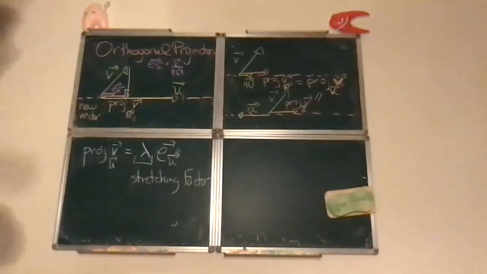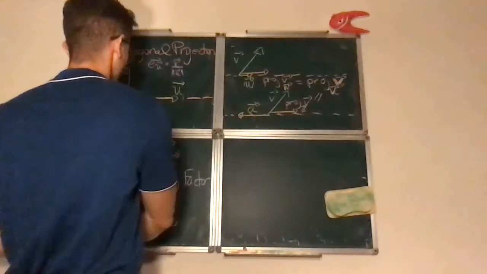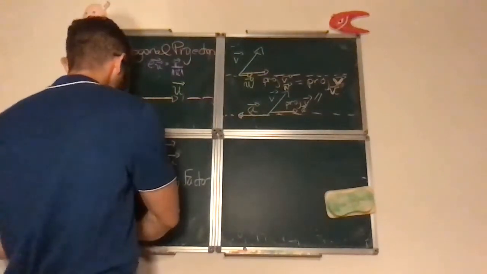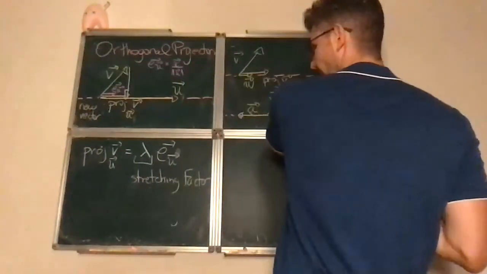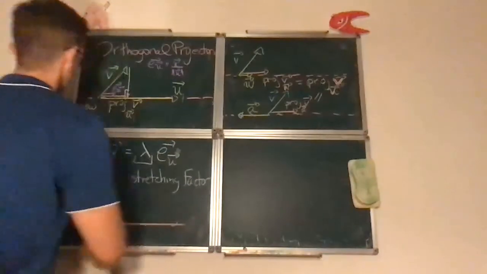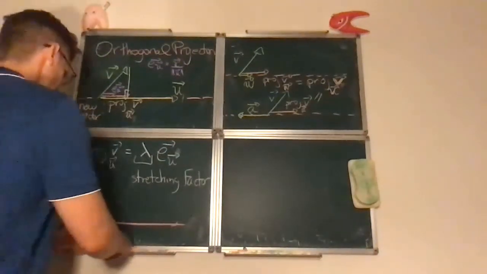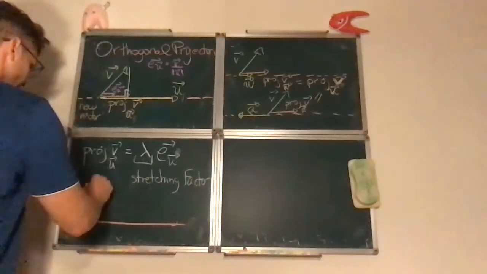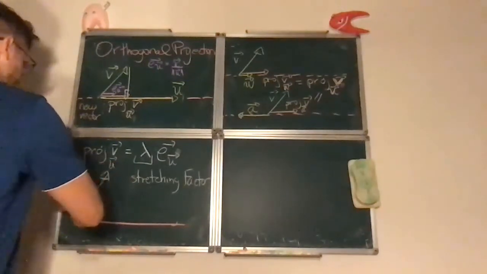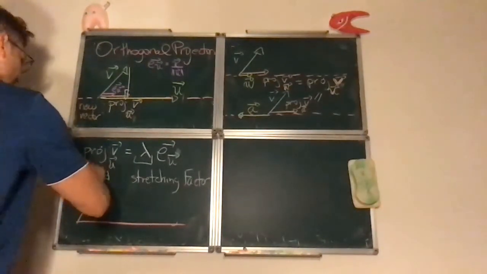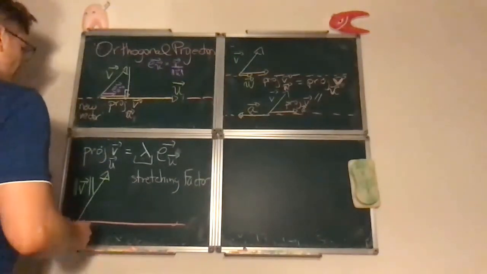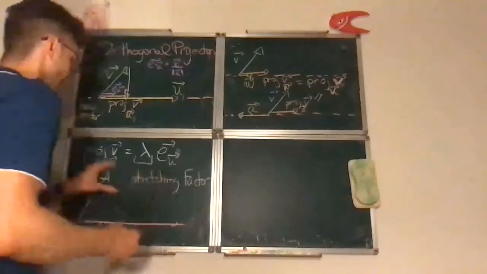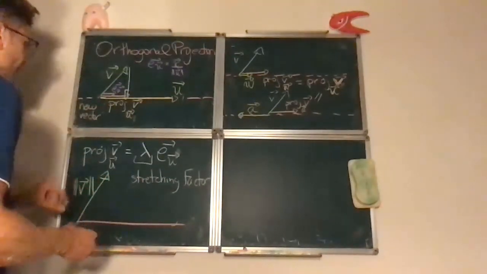You have a right triangle here, right? So let me just do the picture again. This is the line determined by u. We have this vector v, which has some norm or size. Now we just care about the sizes. The hypotenuse has size norm of v.